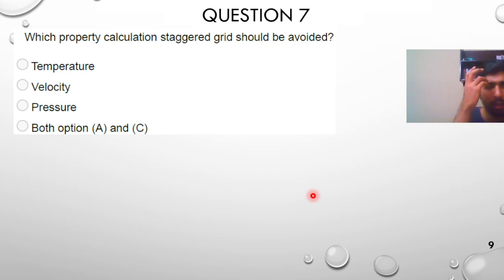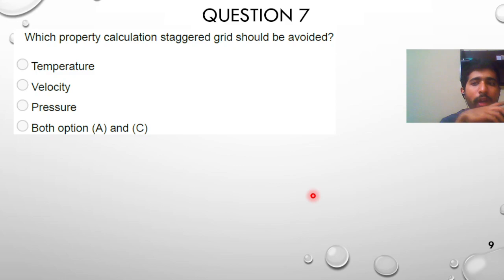Which property calculation should the staggered grid be avoided for? What should be the correct answer for this? They are asking for which property calculation the staggered grid should be avoided.